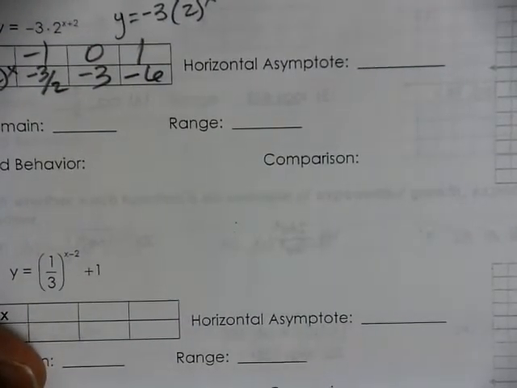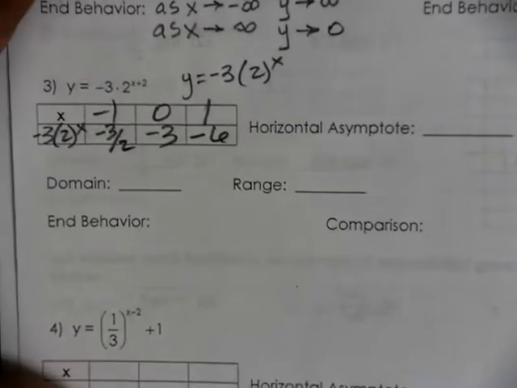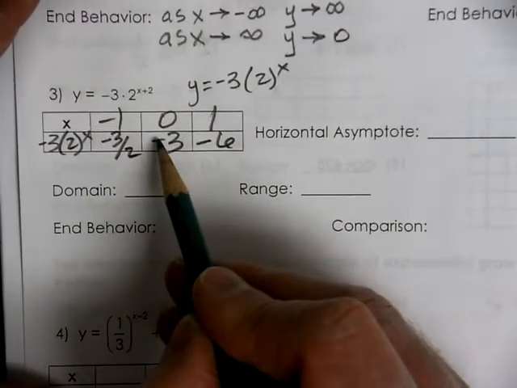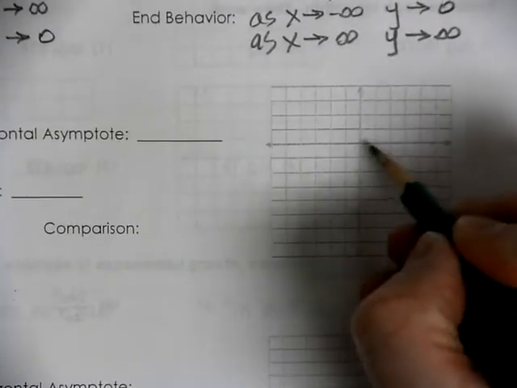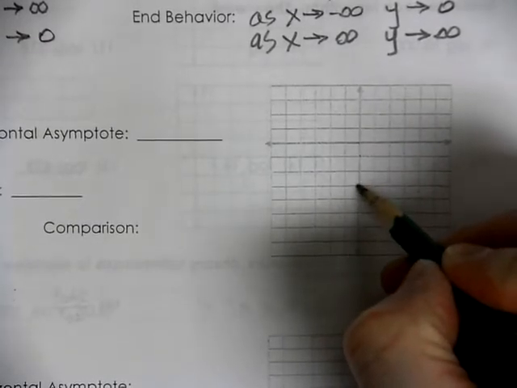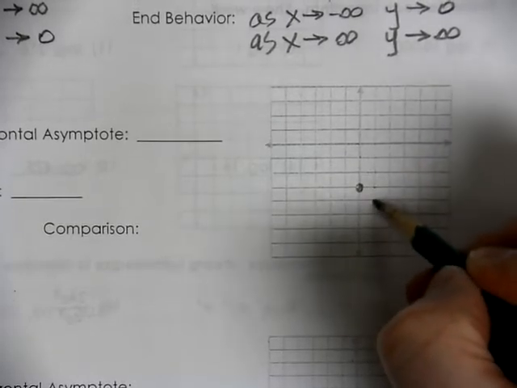So we can look and see what that is in the graph over here. Could you see those? At 0, we're at -3. At 1, we're at -6.